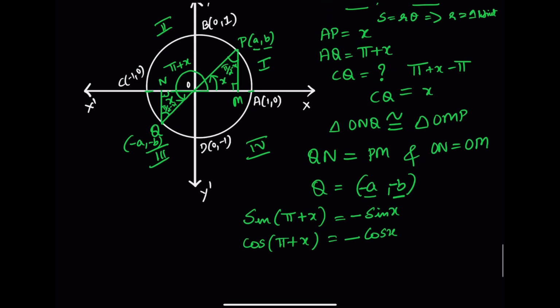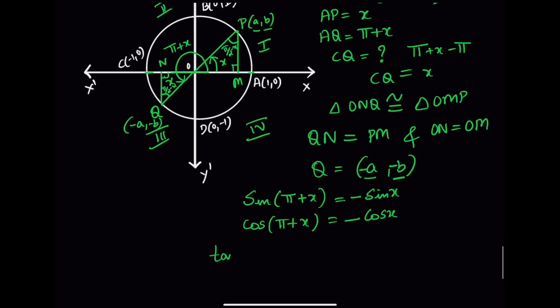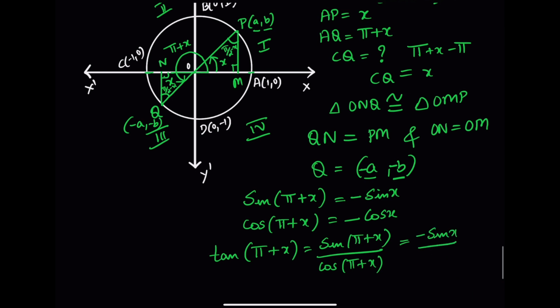Now we know sine and cos. It's very easy for us to find tan and all the other inverses. So tan of pi plus x is sine of pi plus x divided by cos of pi plus x. So this will be minus sin x by minus cos x, which is tan x. So that is how we can find all the trigonometric functions at pi plus x.